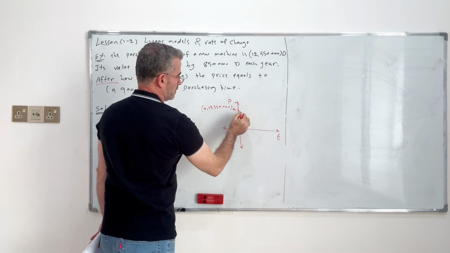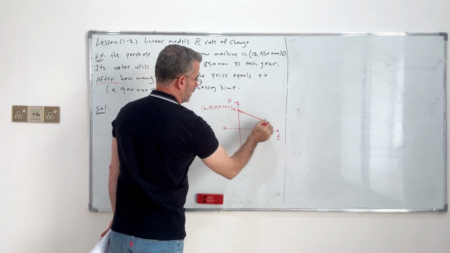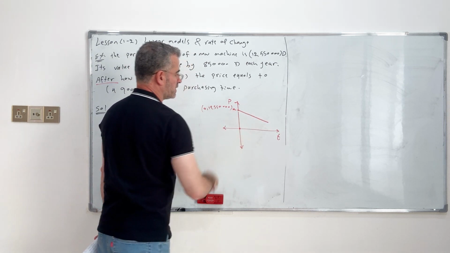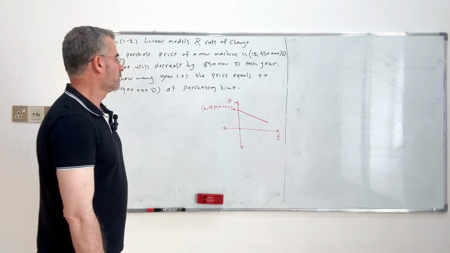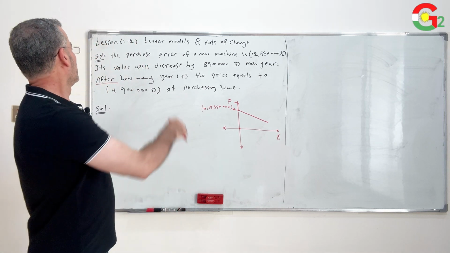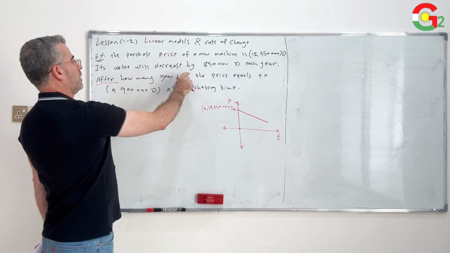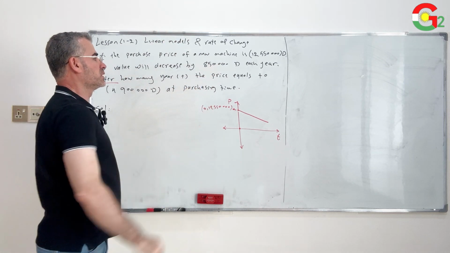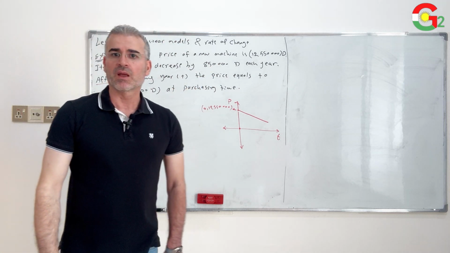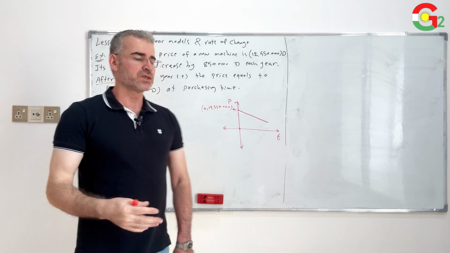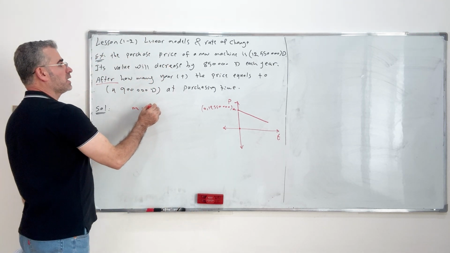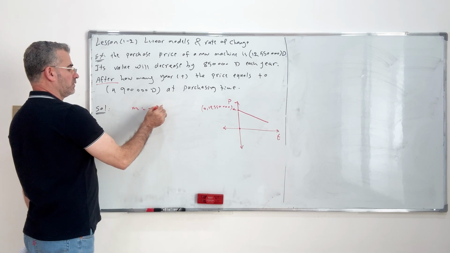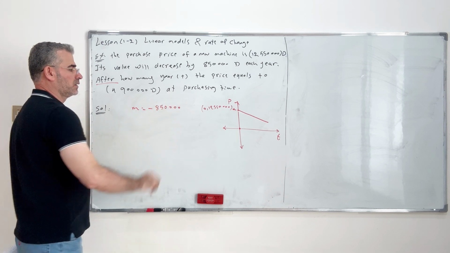Then we have this direction. The price will decrease every year by 850,000 dinar. So the rate of change is negative 850,000 dinar.